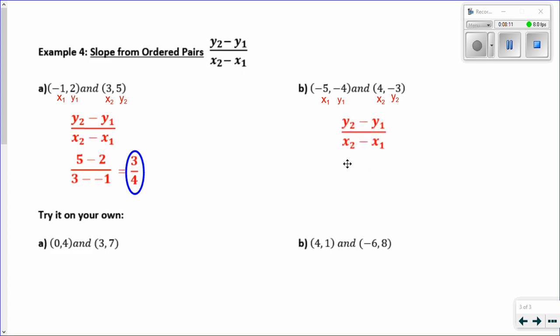So negative 3 minus negative 4 over 4 minus negative 5. That minus sign is there no matter what. Doesn't matter what the number after it is. There should be a minus sign there. Okay? And then I just go ahead and simplify. And that gives me the answer. It gives me positive 1 over 9. I can't simplify it, so 1/9 is my slope.